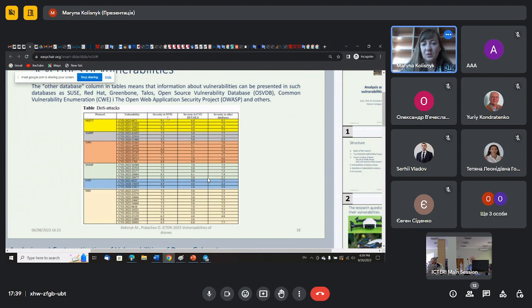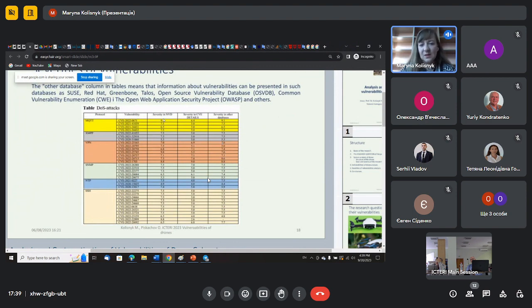We can find severities in different databases. In NVD, this is the NIST vulnerability database, the severities are not low, they are high, so they can be used for successful cyber attacks. Also CVE Details and other databases, because now we have different databases, for example, Red Hat, Tails, the open source vulnerability database, ENISA, Common Vulnerability Enumeration, the Open Web Application Security Project, and others.